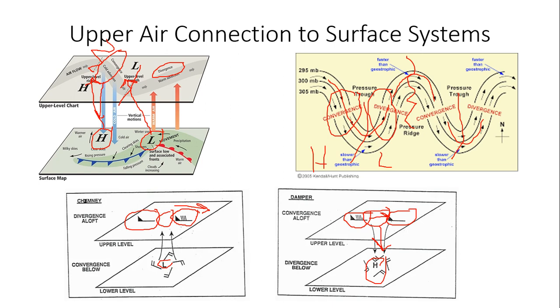Atmosphere is a three-dimensional fluid. You have to look at all aspects of the atmosphere. Surface pressure features in the mid-latitudes are supported by upper-level features up at 500 millibars, up at 300 millibars at jet stream level when we get these jet streaks to move into and out of an area. That jet stream supports the development of these features as well in the lower levels of the atmosphere.